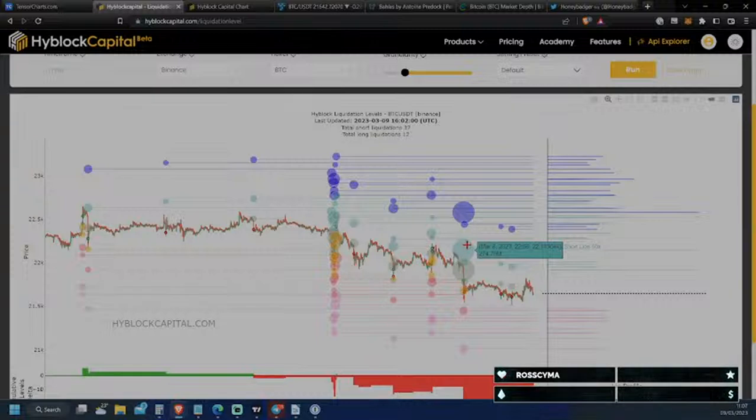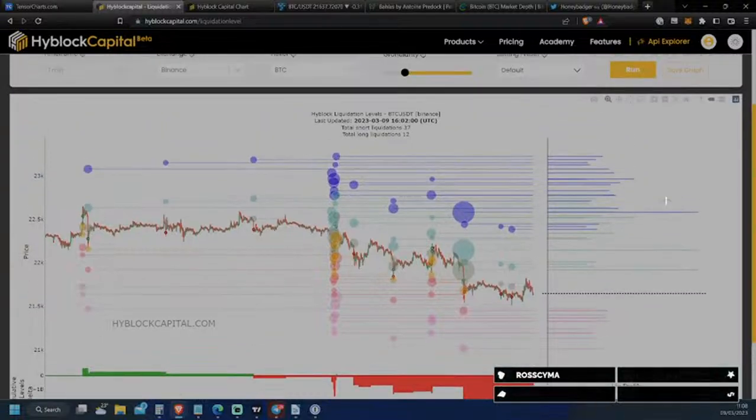And we have these huge liquidity pools to the upside going all the way up to 22,500. If you wanted to play it safe, you just aim for this area here if you're looking to scalp this long. Maybe you just take profit here, and then you'd start looking for shorts around the 23 mark, something like that.